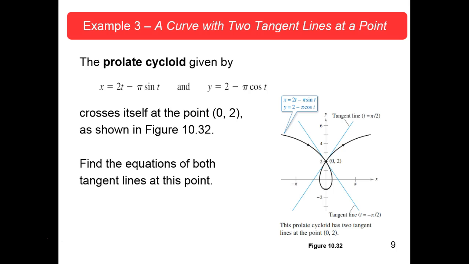Sine of pi halves is 1. Cosine of pi halves is 0. Okay, so that's what I thought you said. When t is equal to pi halves, then this is 0, so this would be a 2. So I'm guessing this would be this one, because there's your y is 2.